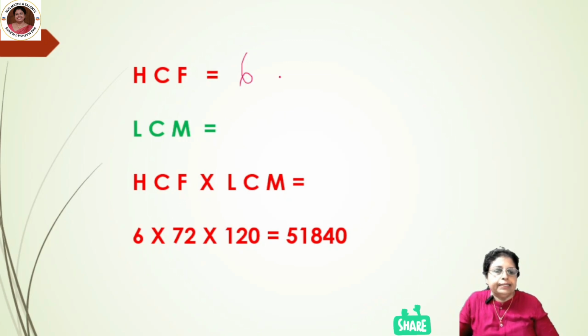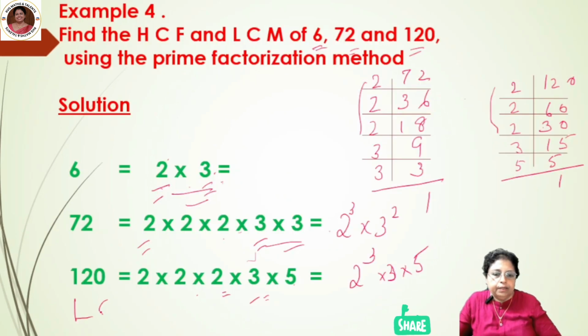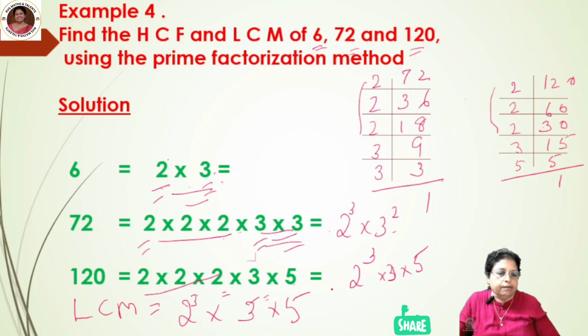Okay. Then what is LCM? LCM is, you list all the factors involved, 2, 3 and 5. Okay. Then highest powers. See here it is 2 cube. Here also 2 cube. So 2 cube. And what about 3? 3 square. That is the highest power. And 5 raised to 1. Okay. So this is 2 cube, that is 8 times 9 times 5.